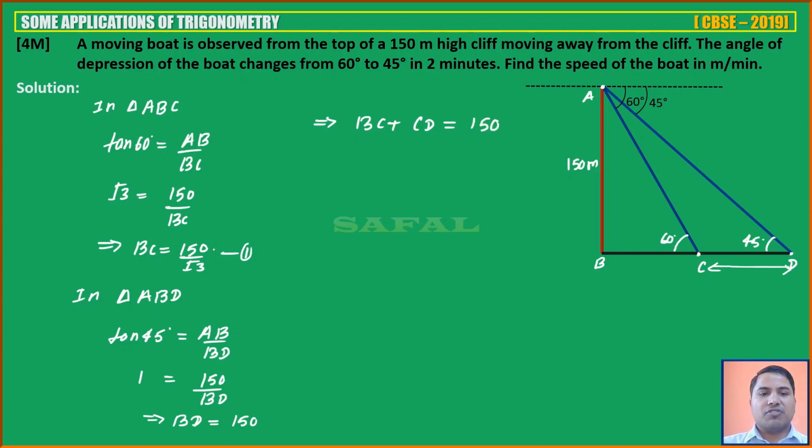Now BC we have found, so from equation 1 I can substitute here. 150 by root 3 plus CD equals 150. तो यहाँ से जब अपन ट्रांसपोज करेंगे 150 by root 3 को राइट हैंड साइड, so CD is 150 minus 150 by root 3.